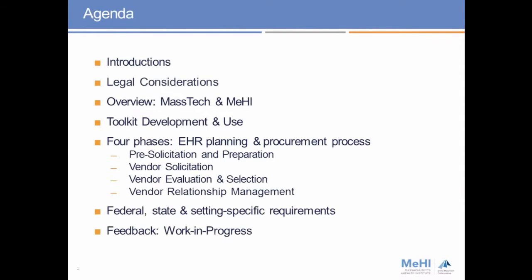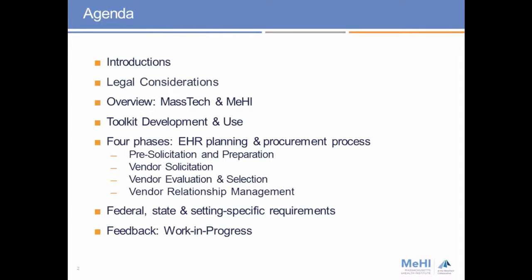In today's webinar, we will present a very brief overview of the Massachusetts Technology Collaborative and MeHI, the Massachusetts eHealth Initiative. We will then review the individual components and requirements of this EHR Planning and Procurement Toolkit, including an examination of each of the four important phases: pre-solicitation and preparation, vendor solicitation, vendor evaluation and selection, and vendor relationship management.